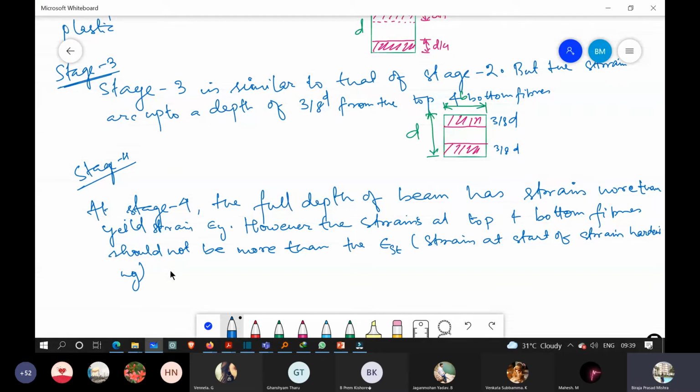This is again B, this is D, so we may call this entire region is covered with strain, and it is D by 2, and this is D by 2.